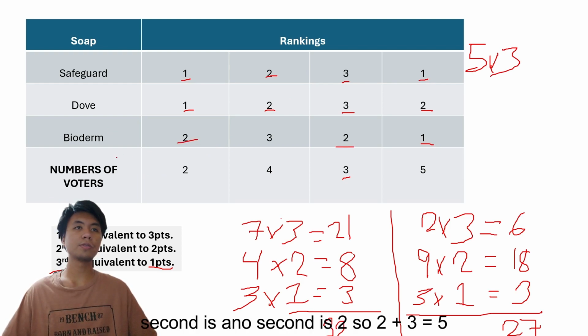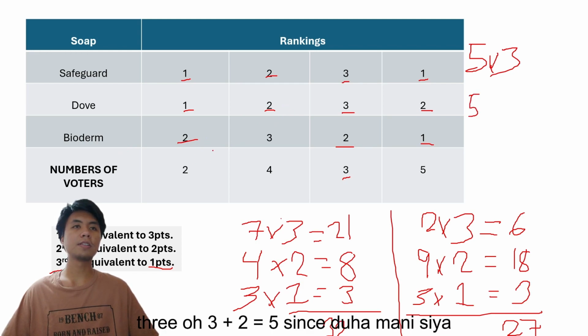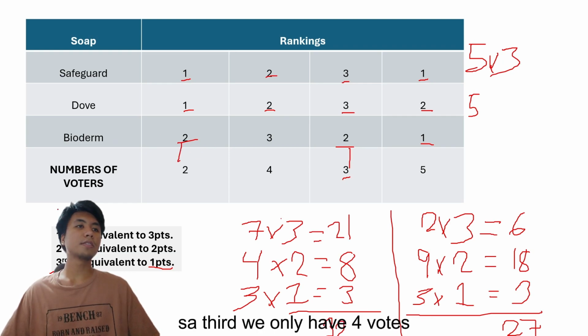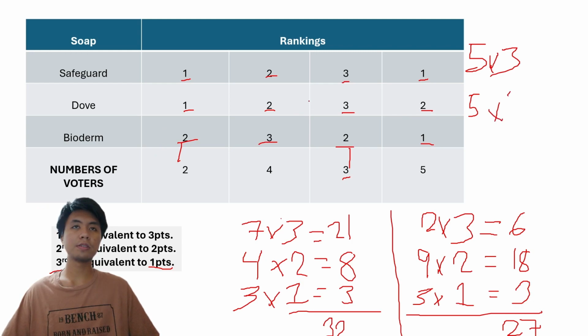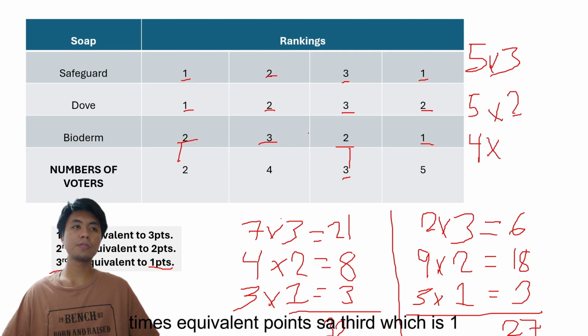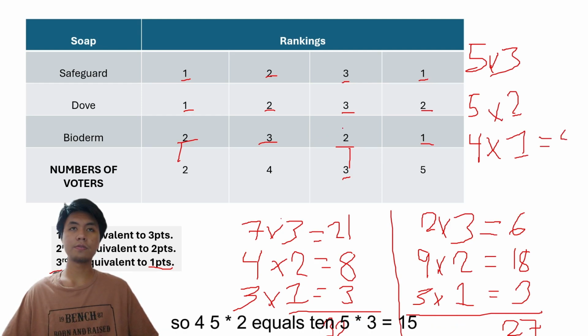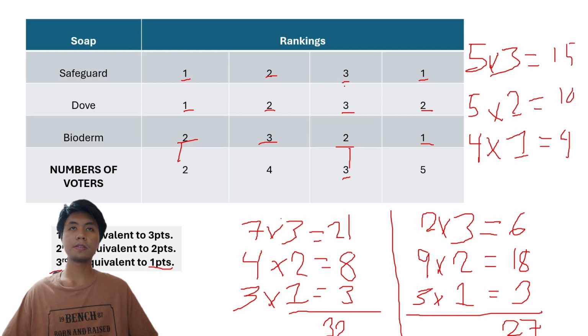Second is 2 points, and there are 5 voters in second, so 5 times 2 equals 10. In third, we only have 4 votes, times the equivalent points for third, which is 1, equals 4. The total sum is 29.